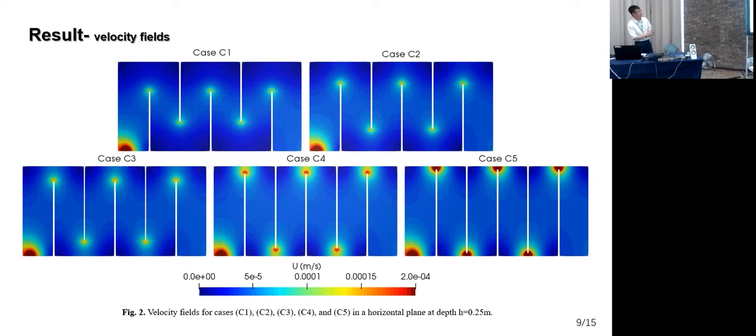And they also have a high velocity zone at the end of the baffle, the inner bend there, especially for cases C4 and C5.